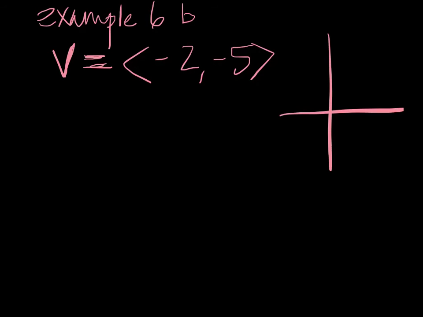On a side note, this vector v, I'm going to erase this, put a different color. This vector v is going to be in the third quadrant because from here to here, this is -2, and from here to here is -5. It has to be in quadrant 3.